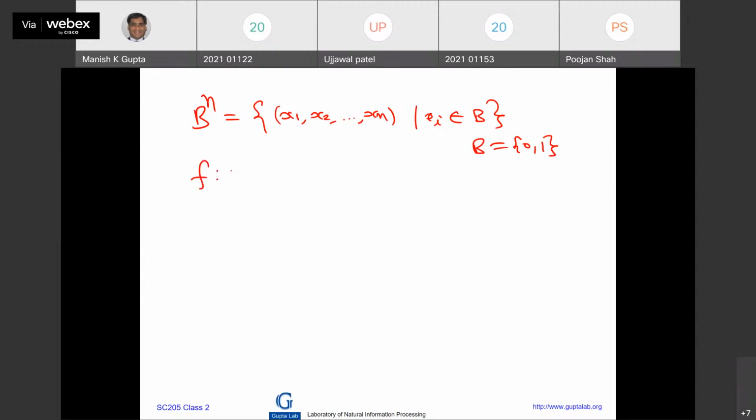A function f from B^n to B is called a Boolean function. I am writing shorthand, right? Boolean function. So there is a special kind of Boolean function known as bent functions. B-E-N-T, bent functions. Very useful for cryptography and security.